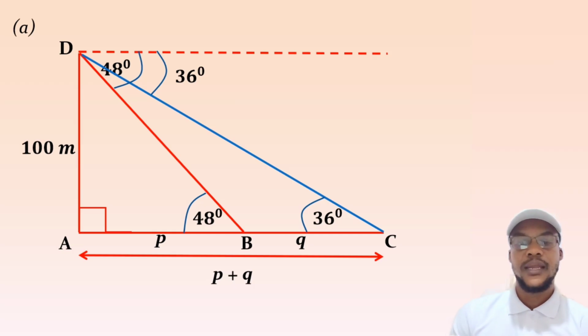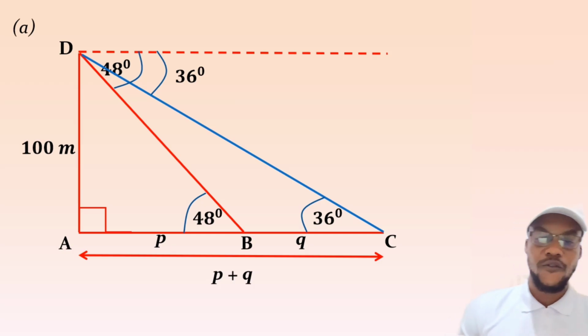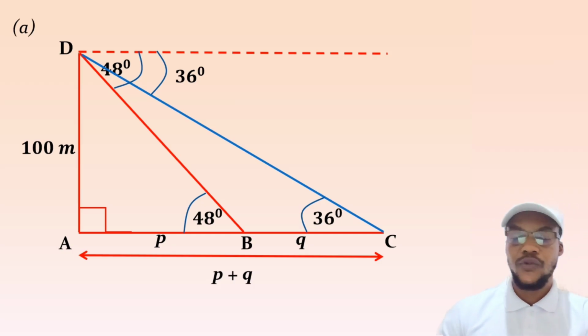From A to D, that is the distance from the foot to the top, and that is the height of the lighthouse. Also from A to B, which is represented by P, is the distance between the foot of the lighthouse and the first vessel.